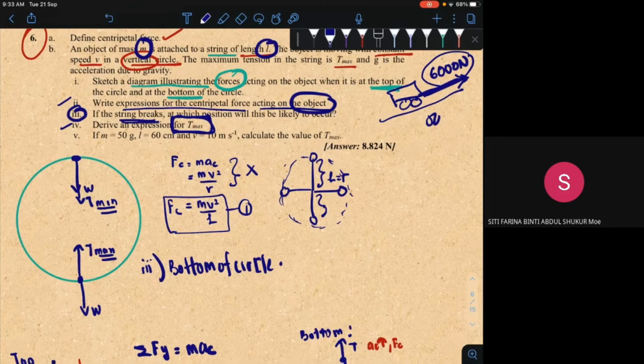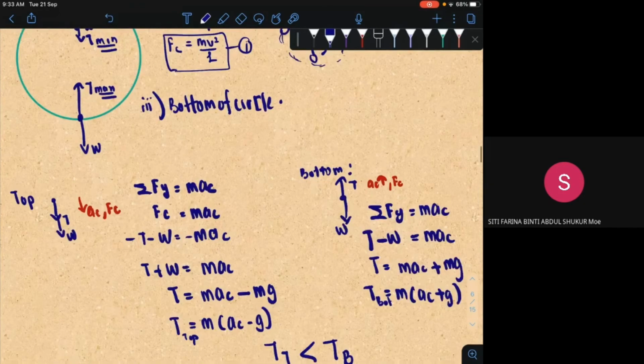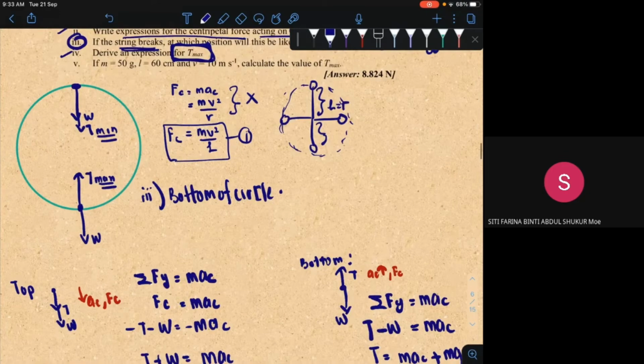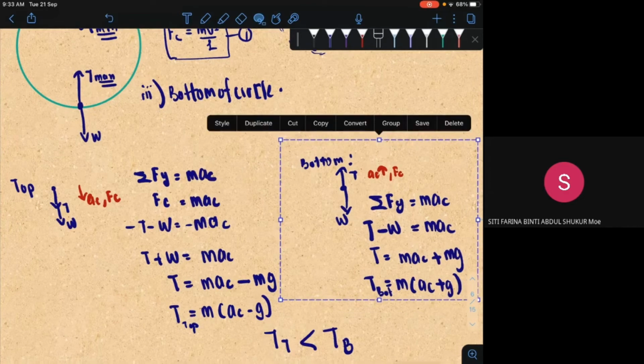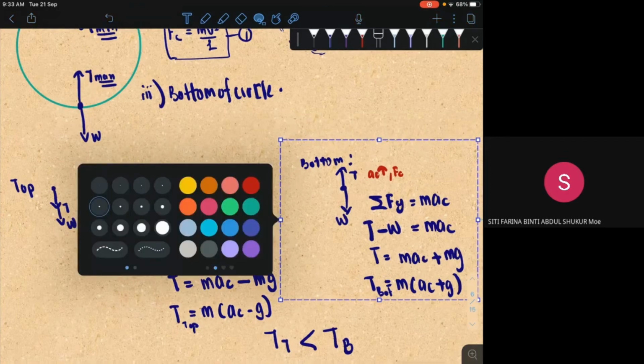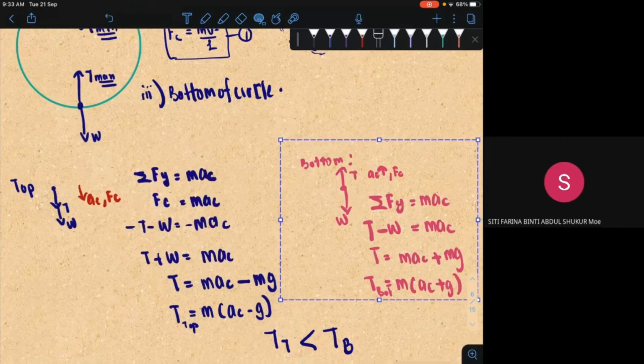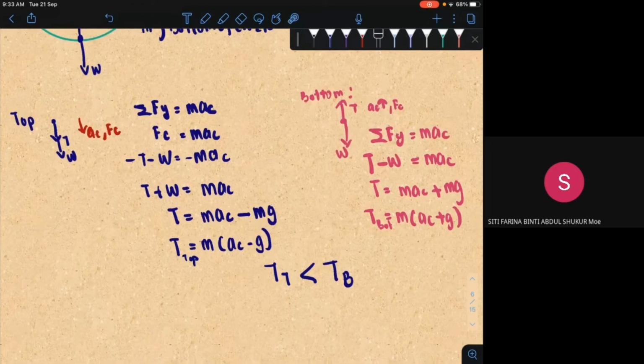Okay, so soalan yang last dia suruh express betul tak untuk T maximum. So basically awak akan hanya buat this part sajalah. You will only do this one. Saya tukar color dia pergi ke pink ini. So you will only do the pink color lah. Ini saya buat sebab saya nak tunjuk dekat kamu perbezaan at the top dengan bottom.